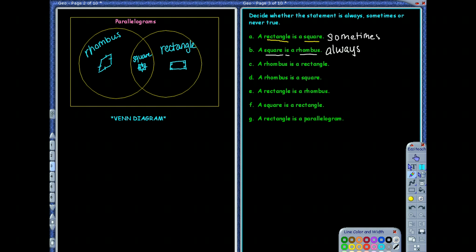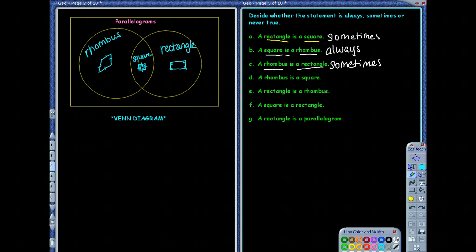Okay. What about this one? A rhombus is a rectangle. This is one that I have a lot of students miss. The initial thought sometimes is students will say no, never going to happen. But this actually is a sometimes, because rhombuses and rectangles have one thing in common. They're all parallelograms.